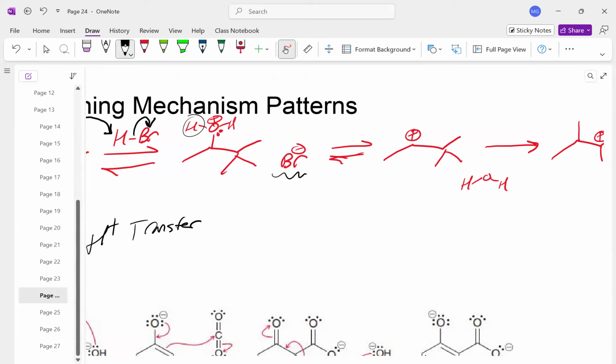Well, in the next step, I'm just focusing right here. Notice there used to be that HOH plus there. Now it's no longer there. It looks like a bond got broken between that carbon and oxygen. So I want to show that bond breaking. And this is an example of a leaving group leaving.